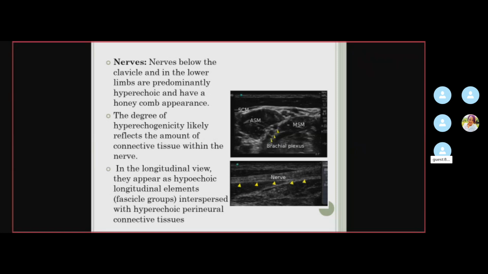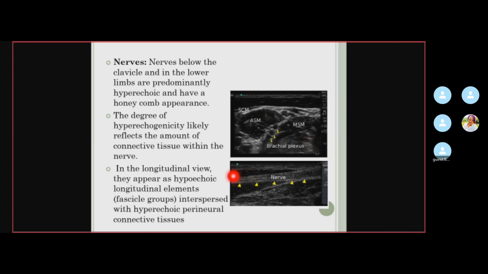So we have nerves in our body which send us signals, and we do ultrasound for those also. They are best seen with ultrasound imaging or with MRI. The image below is of the cervical part, and the appearance of the nerves will be hyperechoic, slightly brighter.